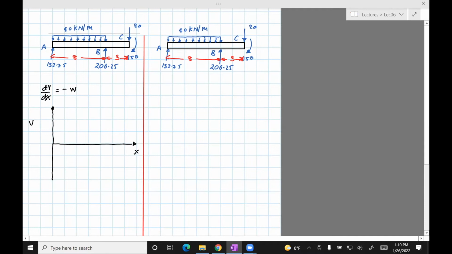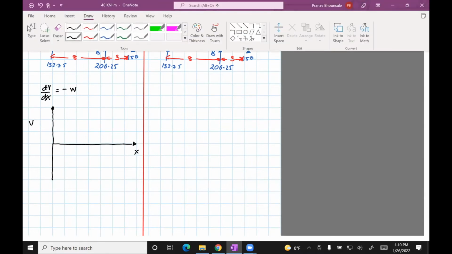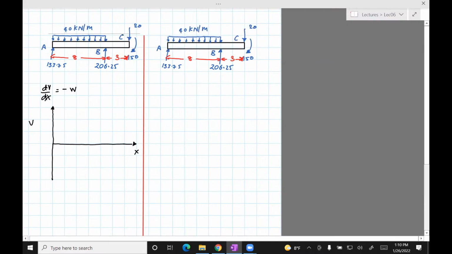This v is a function of x. Okay, so dv dx equals minus w. If w is 0, then dv dx is constant. If, however, there's a point load like there is 133.75 upwards, then all I need to do is put that much of shear force on the figure, which means that I should just put 133.75 over here.